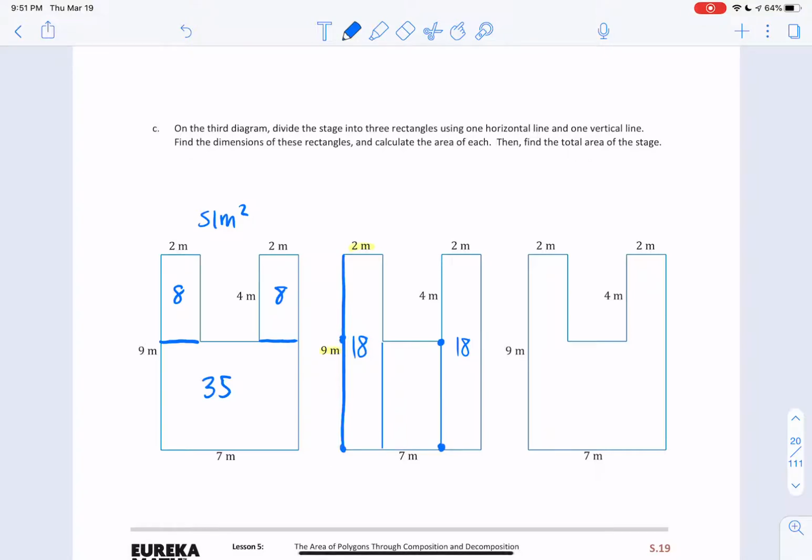So if this section here is 4, I know the bottom must be 5. So I know that this is going to be a 5. Let me write that on the outside. So if this is a 5, 7 times 5, this is 35.